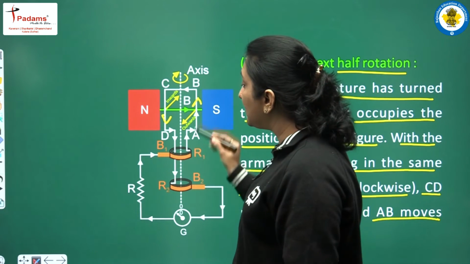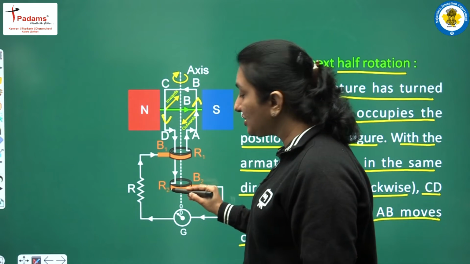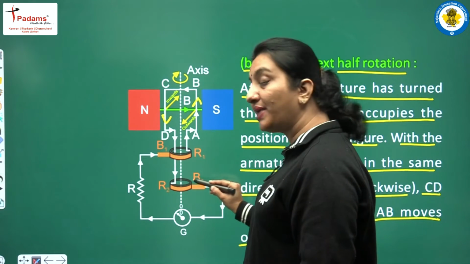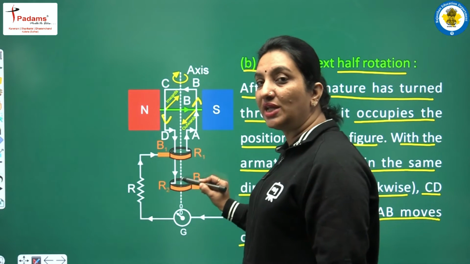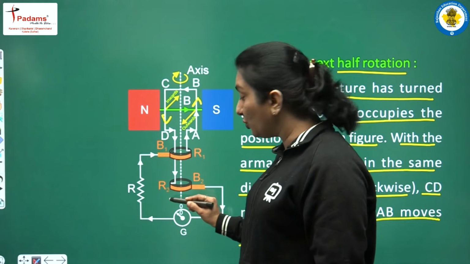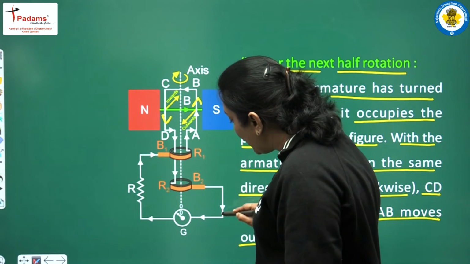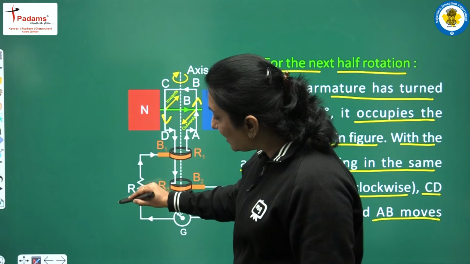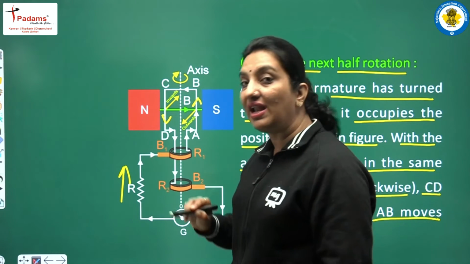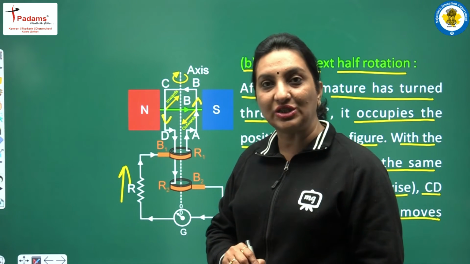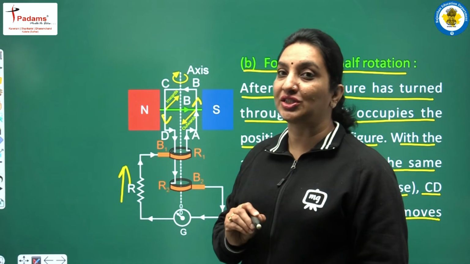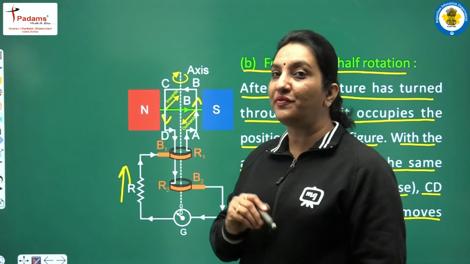So what we see is that now since CD is connected to ring R2 which is pressed by brush B2, that is B2 is pressed against R2, this current will now flow in the external circuit like this, that is at the load resistance we will have current in this direction, which is reverse of the direction in the previous case.